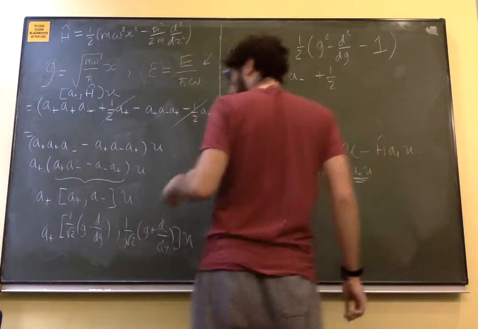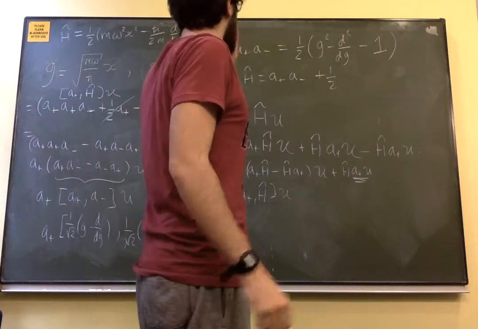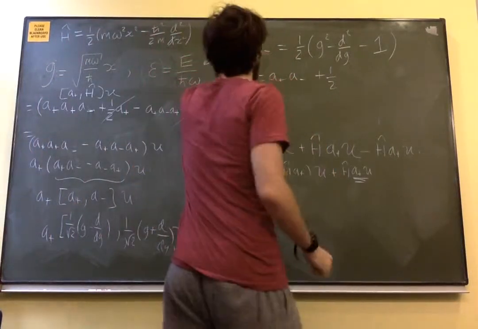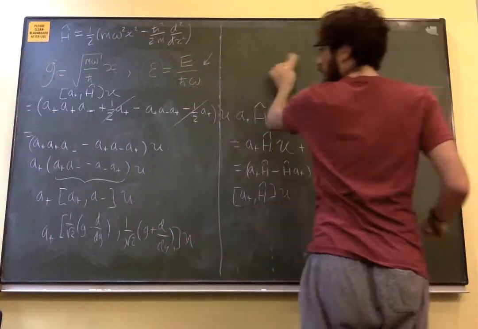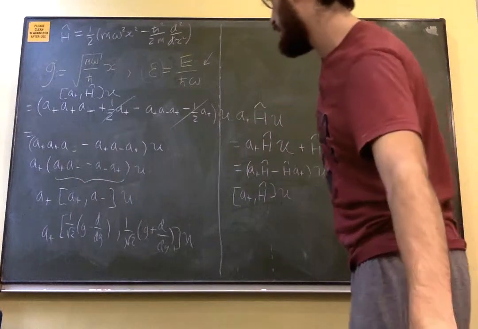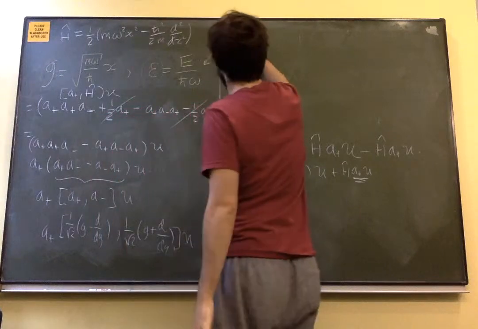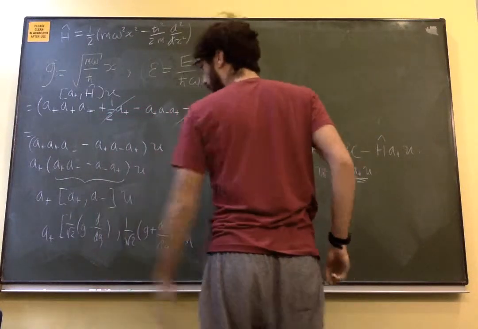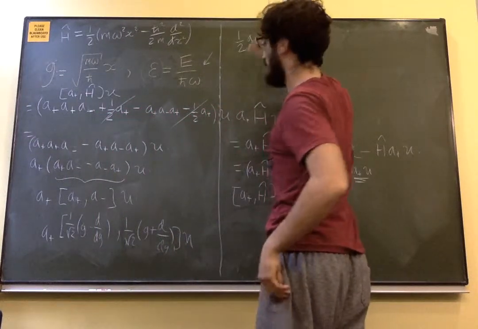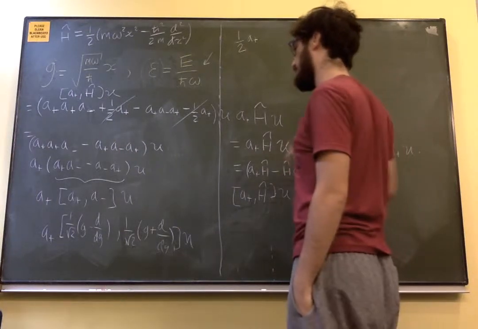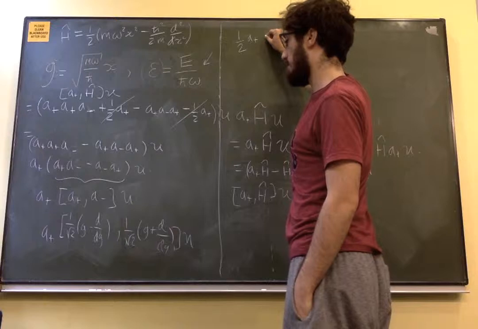So what will we do? I need to get rid of something. I'll get rid of all this. I can factor out 1 over root 2 from both sides. This is bilinear, so we can bring this out.